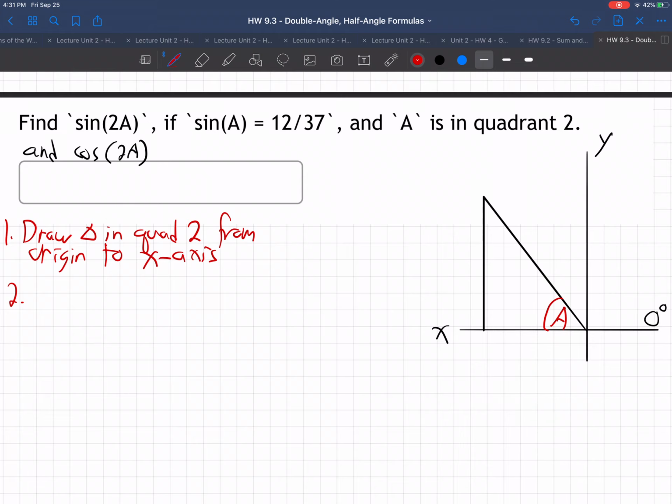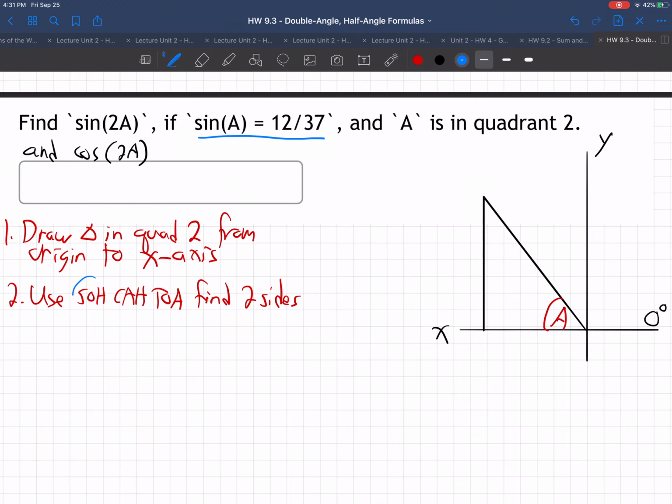Step 2, use SOHCAHTOA to find two sides. So what are we talking about? Well, they told me sine of A is 12/37.